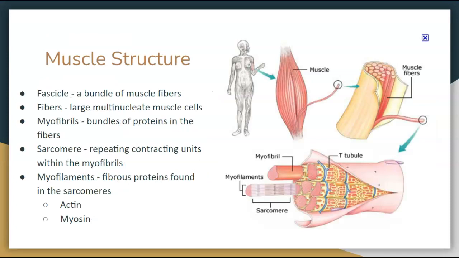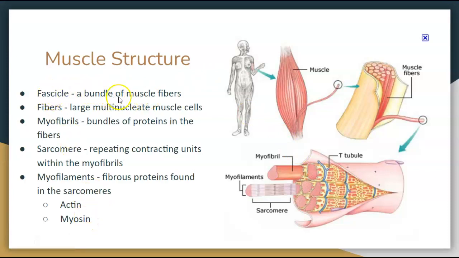Now, this is where it gets a little bit specific, really in depth. So muscle structure, and we're going to go even deeper than this slide. So this is your basics, and then we're going to go deeper, and then we're going to go way too deep. So a bundle of muscle, this is from big to small.